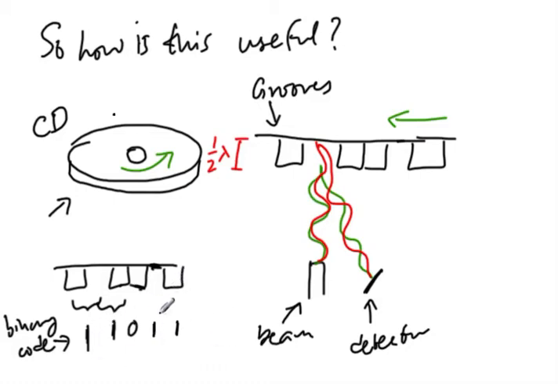This string of 1s and 0s is then fed into an interpreter, and that's interpreted into music. So by using wavelengths, by using constructive and destructive interference, by knowing that difference, that's how all this culminates into reading a CD.